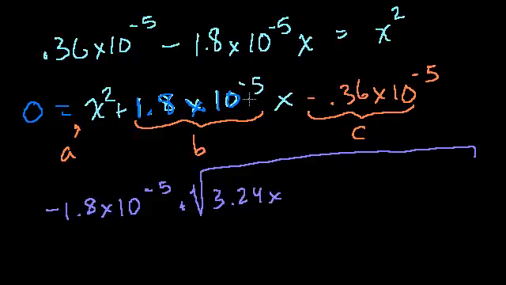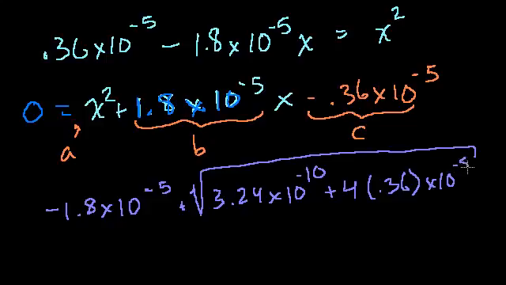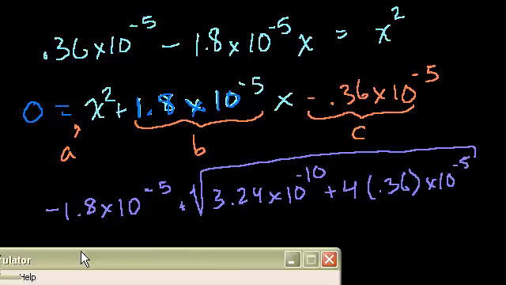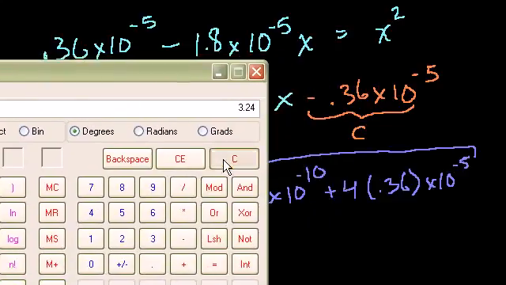3.24 times, if you square 10 to the minus 5, that's 10 to the minus 10, minus 4 times a, which is 1, times c, which is minus. So it's 4 times, the minuses cancel out, times 0.36 times 10 to the minus 5. 4 times 0.36 is equal to 1.44.